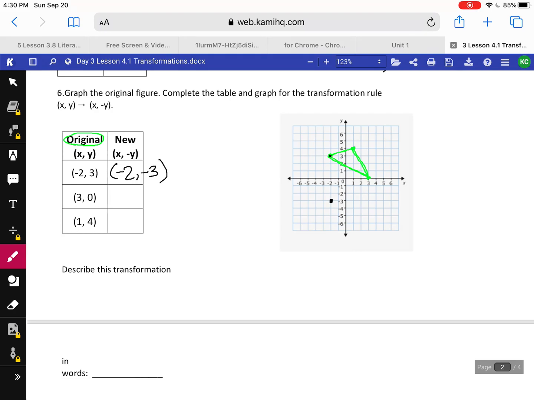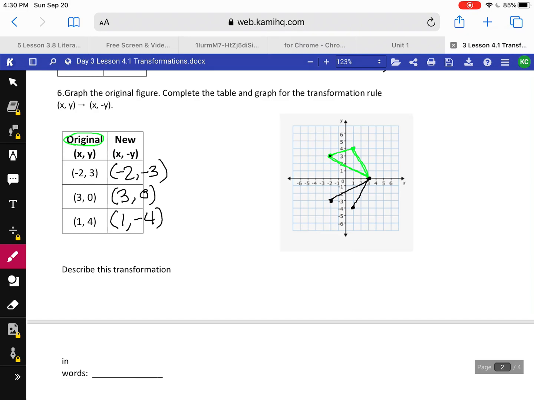Negative 2 down to negative 3. Then 3, 0. We're going to keep that x value at 3, and the opposite of 0 is still 0. So we are still sitting at 3, 0. And then we have our 1, 4. Our new one is 1, still for x, and we have a negative 4. So over 1, but this time we're just going down 4.